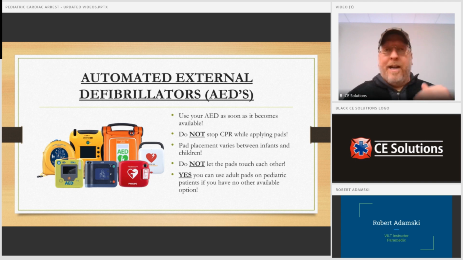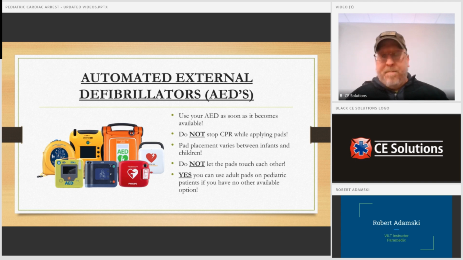So what AEDs do is deliver an electric countershock to that heart that's suffering a medical emergency. It stops or terminates that lethal heart rhythm and then allows the heart's normal pacemaker to kick back in again. That's what defibrillators do.